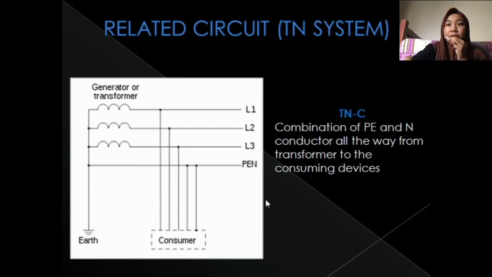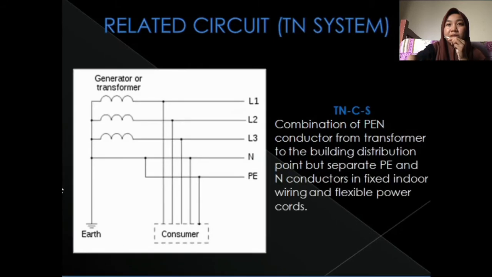This conductor runs all the way from the transformer to the consumer device. Next is the TN-C-S system. It's a combination of PEN, so we can see PE and N conductor from the transformer to the building distribution point, but it's a separate PE and N, which is a separate conductor in fixed indoor wiring and flexible power cords.